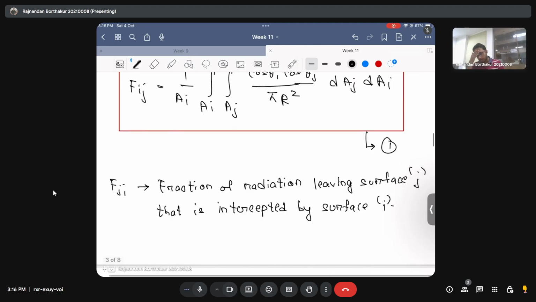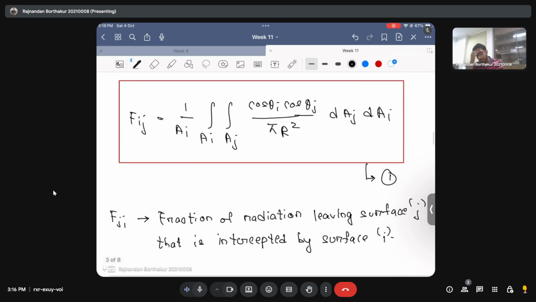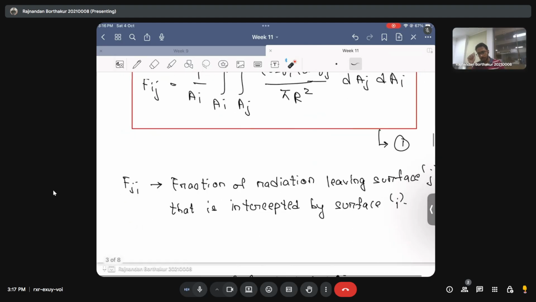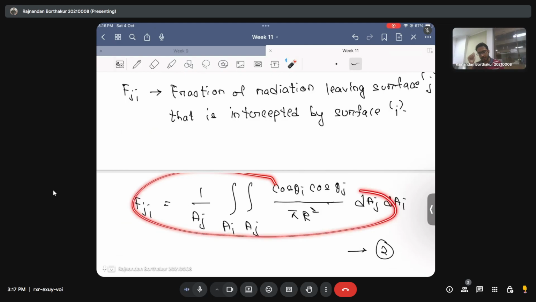Similarly, analogous to Fij, I can also define an equivalent Fji, the fractional radiation leaving surface j that is intercepted by surface i, because as I said, in radiation you are always looking for the net exchange instead of the exchange taking place in just one direction. As we saw, radiation is typically multi-directional in nature. So we can equivalently define Fji, and analogous to equation 1, it takes the following form, as you can see.